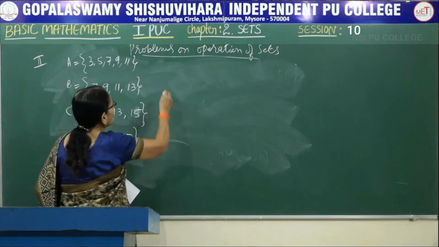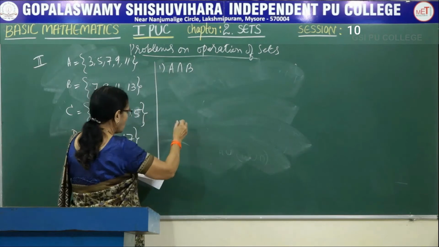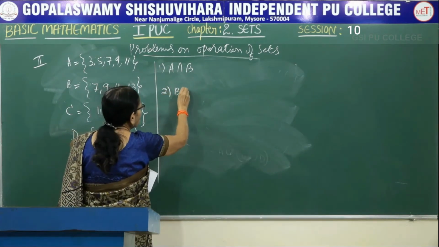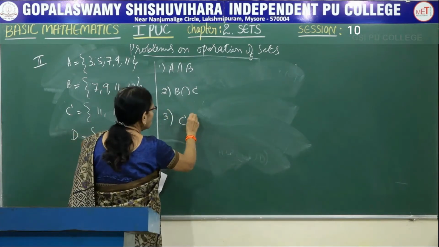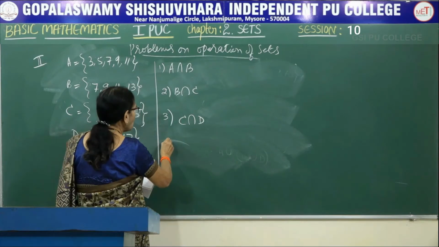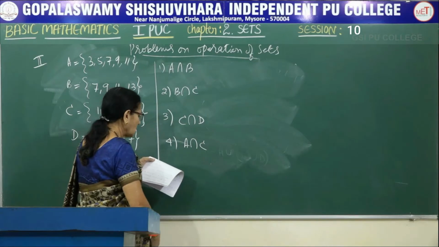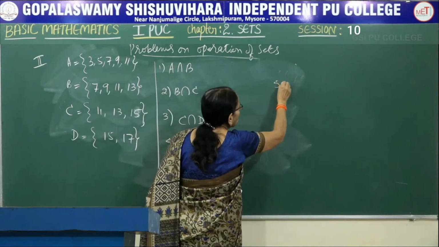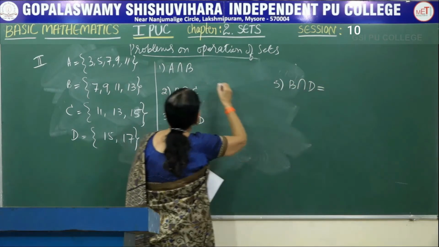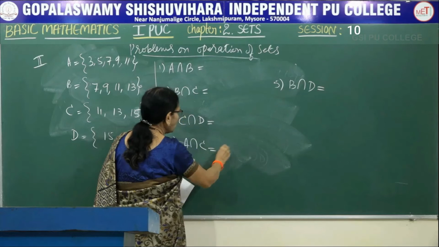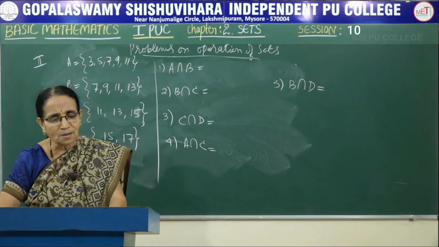First I want to calculate A intersection B. Second one, B intersection C. Third one, C intersection D. Fourth one, A intersection C. And the last one, fifth one, B intersection D. Now these are the 5 different intersections. The sets are the same, but I am taking the intersection.